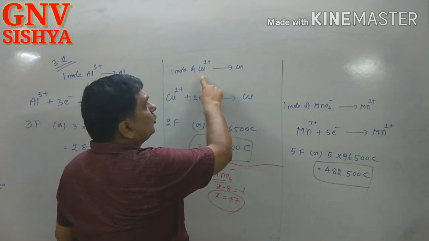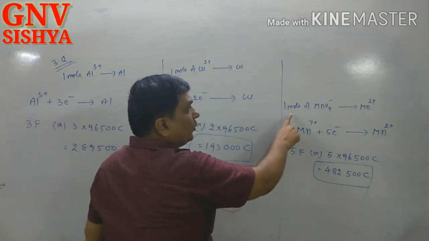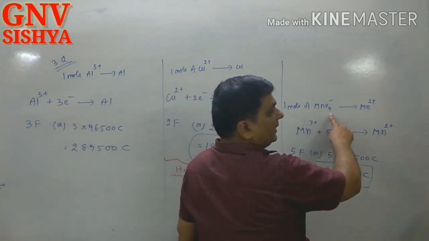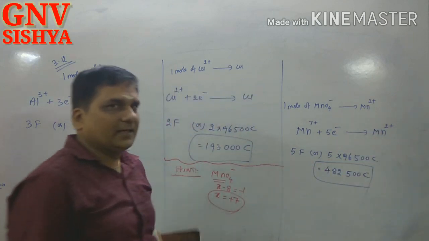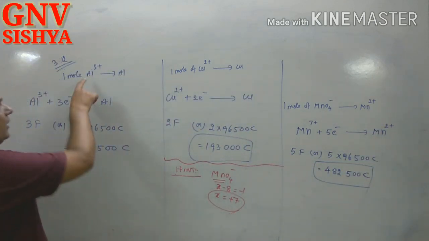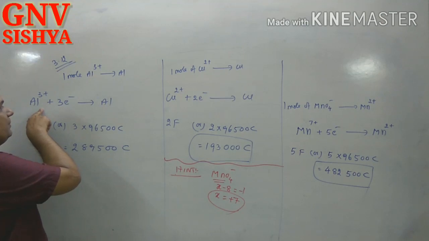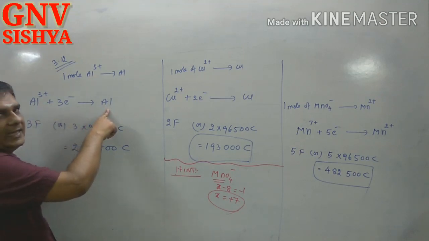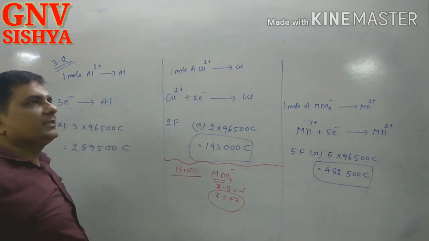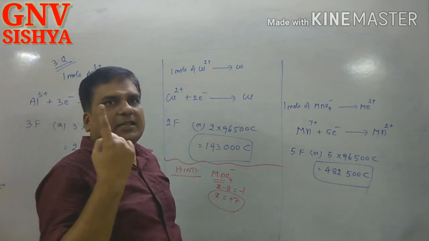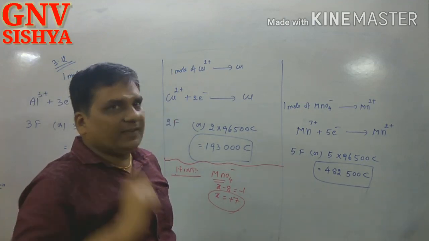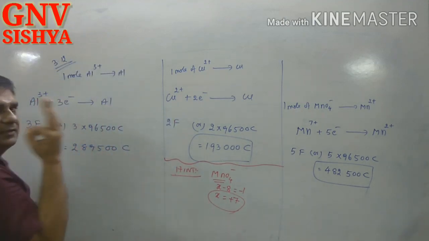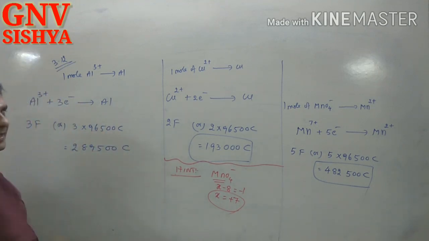1 mole of Cu2+ to Cu. 1 mole of MnO4- to Mn2+. Correct? You know how aluminium is reduced: Al3+ plus 3 electrons gives Al. Yesterday we studied that the quantity of electricity required to deposit 1 mole is n into F Faraday. Here the valency is 3, so 3 Faraday.